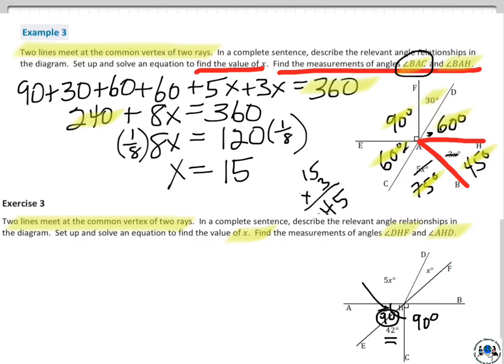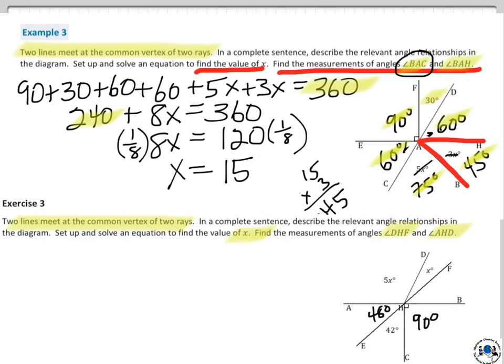And we just know that is 90 degrees. So therefore, if I go 90 minus 42, I know that this other angle is 48 degrees. Okay, so now I can clean all that up, and now I have this as 48 degrees.